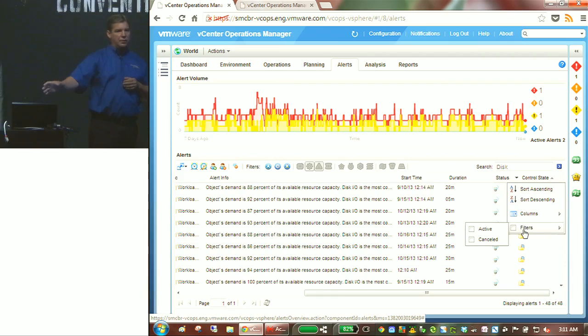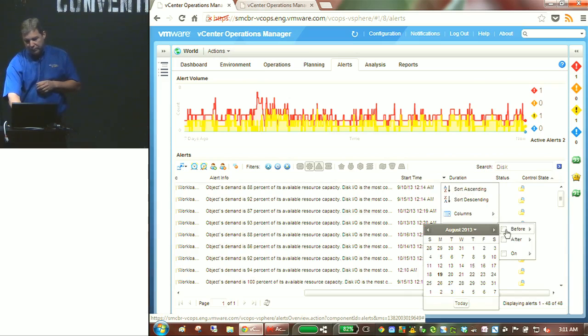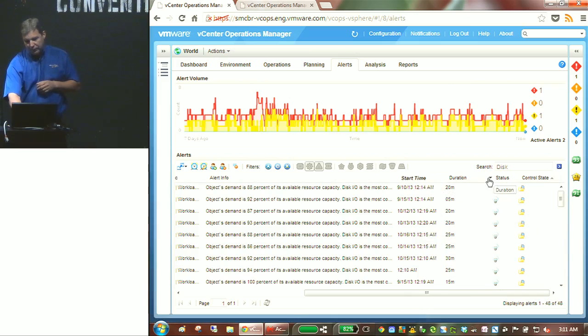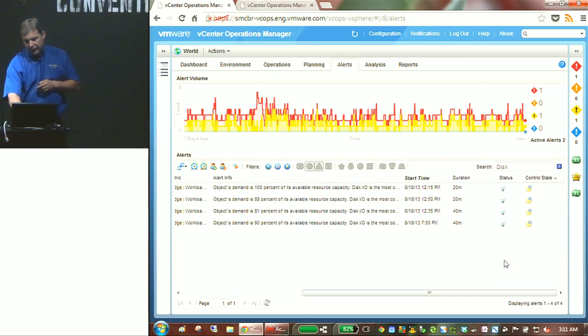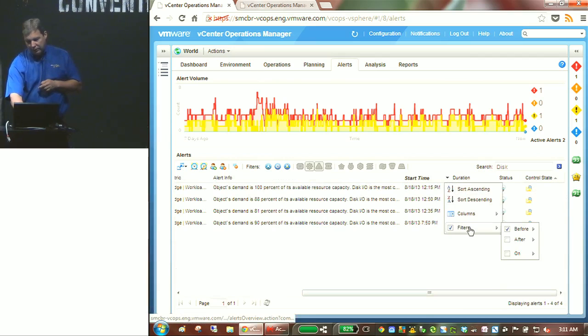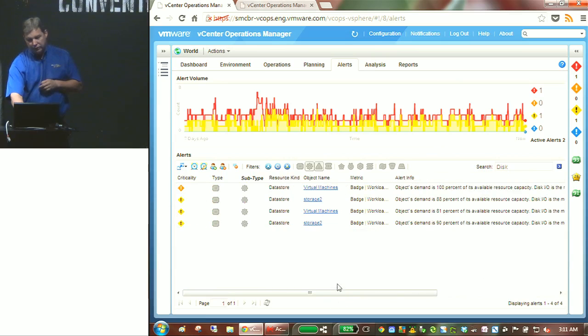The first thing you want to do is go to this filter and highlight that you want to see canceled alerts. Then you can start finding the problem. If I was interested in a particular day, I'd put a filter for before, then I would put a filter for after, and I would drill down into what was happening.